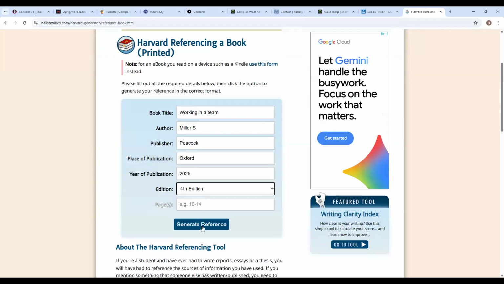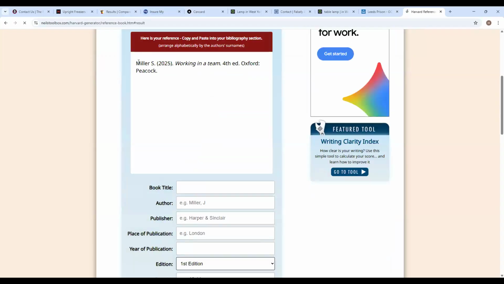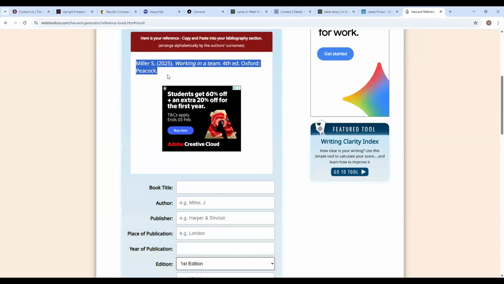Can you see that it says generate reference? Yes, please. Press that. Look, it's done it for you. It's put it in the order for you. I put all the details in and it's made it for you. Do you understand?